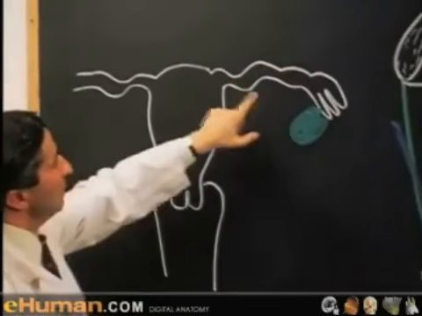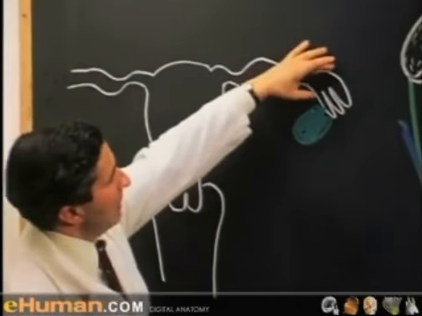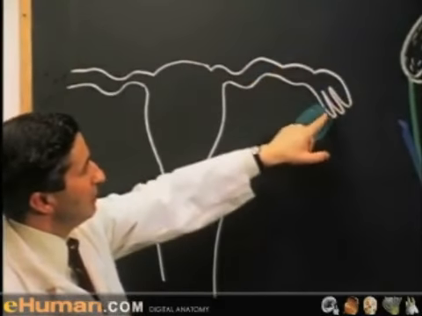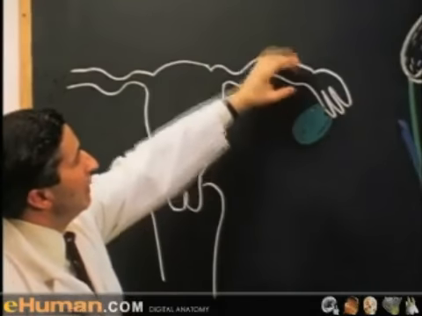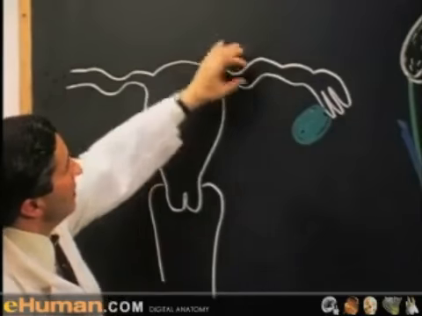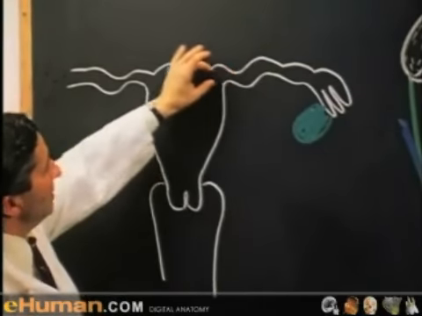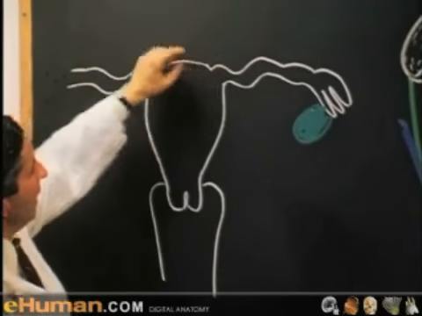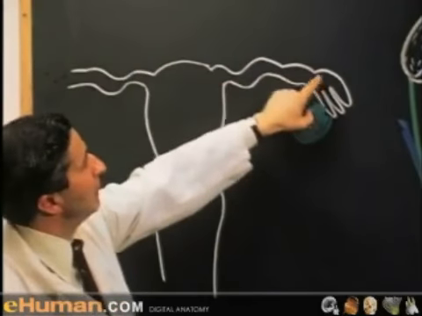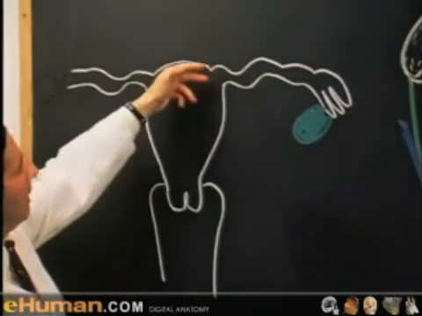So I think we should consider the different parts of the uterine tube. First of all, there's a dilated open end known as the infundibulum with its fimbriated processes. Then there's an ampullary portion. And then there's a narrowed portion just before the uterine tube enters the wall of the uterus, and then there's the intramural part. So we have the infundibulum, the ampulla, the isthmic part or narrowed part, and the intramural part.